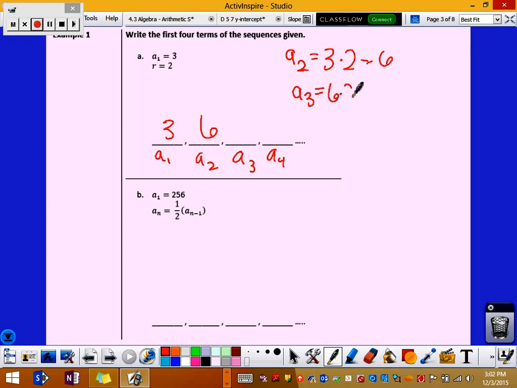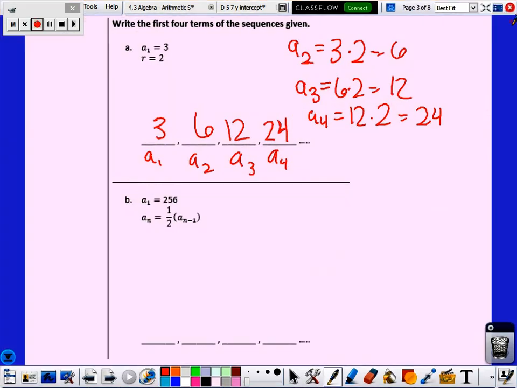So 6 times 2 gives us 12. And I probably don't need to write it down, but 12 times 2 gives us 24, which is our fourth term. Okay, so we've done this before. We've looked at geometric sequences before. Now we're just figuring them out for ourselves.